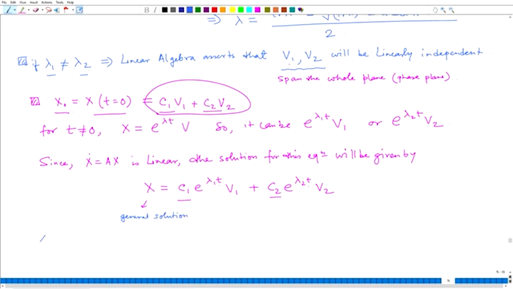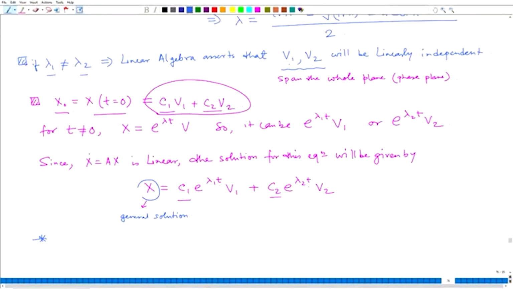Now, we have something more interesting here at this point, although this is mathematically a little bit deep or profound. Just for the time being, you just take this as information. I can also claim this is the only possible solution for x. Why? That is because of two reasons.